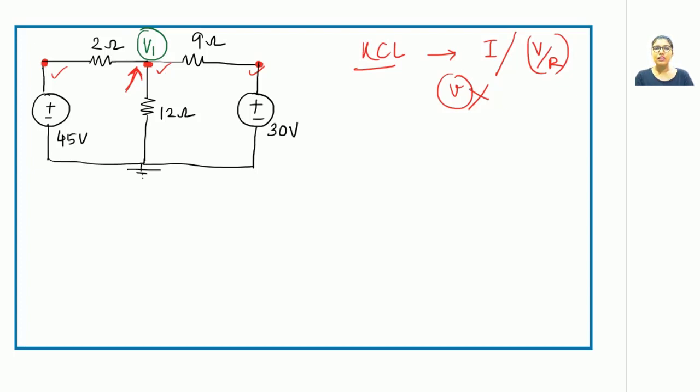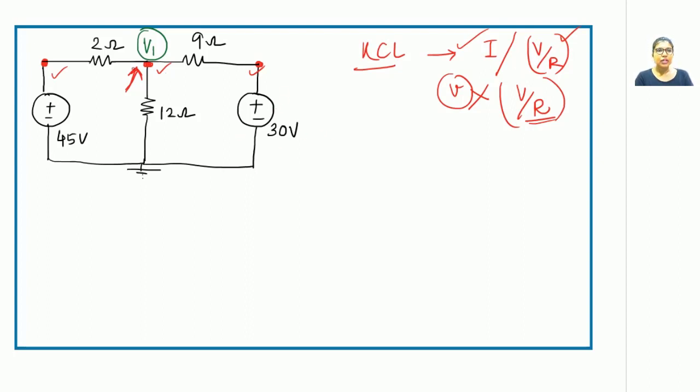So there is no concept of involving just the voltage in the equation. If you are working with voltages, then there has to be a respective resistance for which you write the current equation. Is this part clear? You should write the equation either in terms of I or in terms of V upon R.